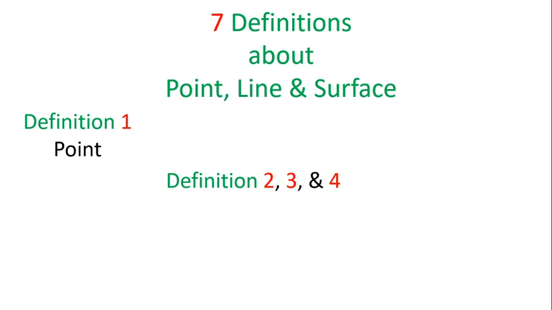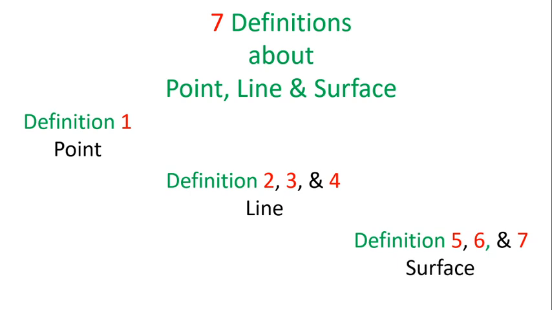And definitions 2, 3, 4 are about a line. They clearly define what a line is. And the 5th, 6th, and 7th definitions are about surface. These are the 3 concepts, the words that we very frequently come across in geometry.